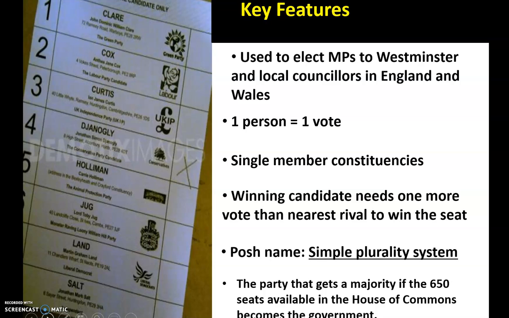And the more seats they get above that majority, the bigger the majority the government has. Now, in reality, it's actually a bit less than 650 divided by 2 because the Speaker doesn't count and a few other people as well. But to become the government, you have to win the most seats in the House of Commons, basically. Okay, so that's how the system operates. I hope that kind of makes sense.